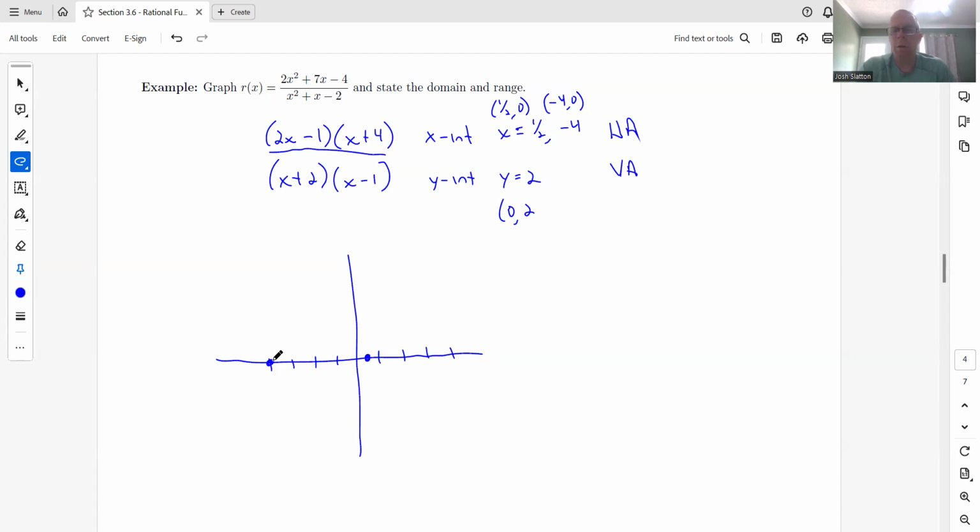Now for the vertical asymptote, we set the denominator equal to 0, and we get x equals -2, and we get x equals 1. So we can go ahead and put dotted vertical lines here. We know the graph is not going to cross there.